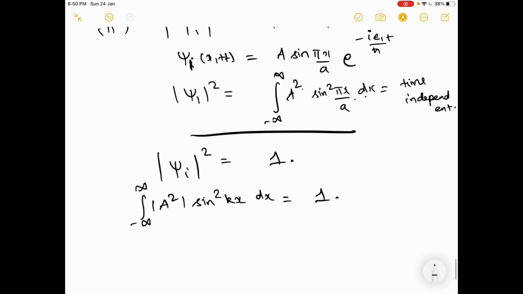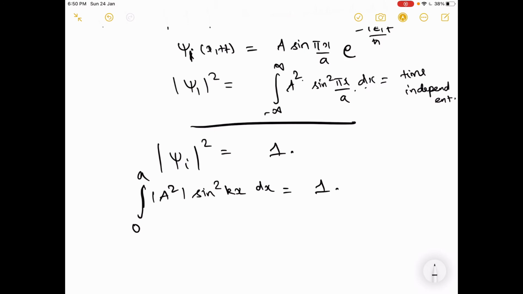Of course, it is only defined from 0 to a, because it is anyway 0 beyond a and beyond 0 on the left hand side. So it is only 0 to a. And if this is true, it's easy to see A square will turn out to be 2 by a, and A is root 2 by a.